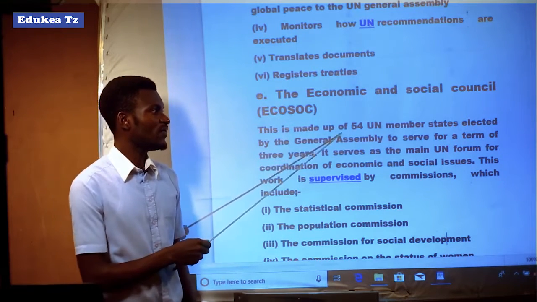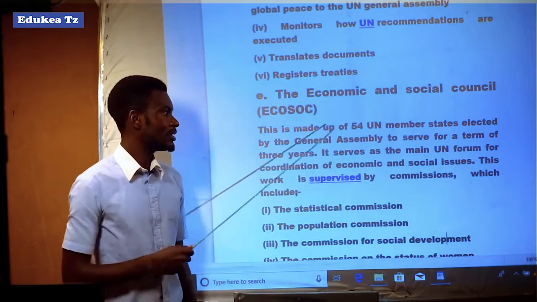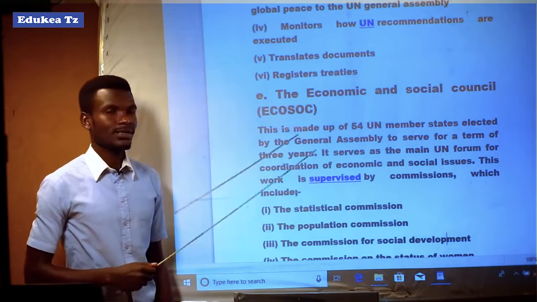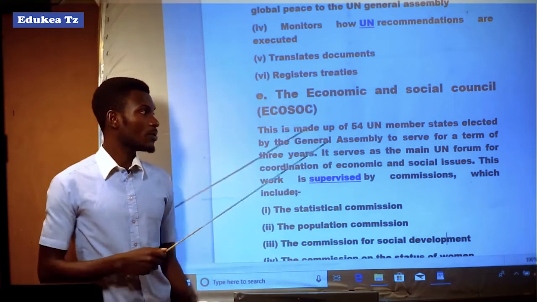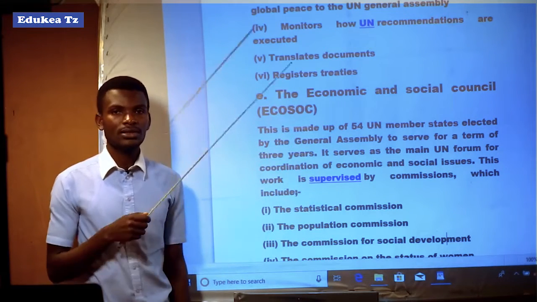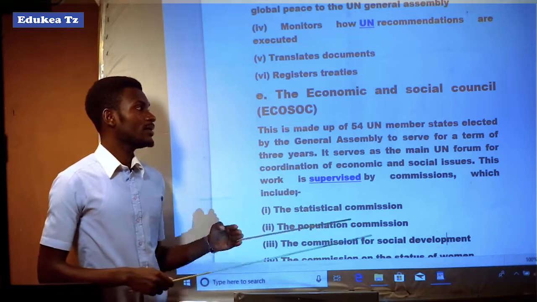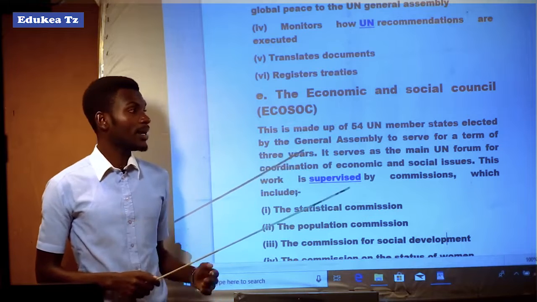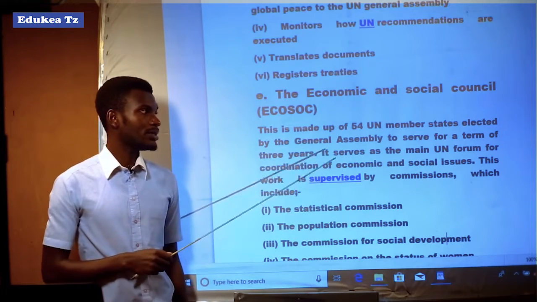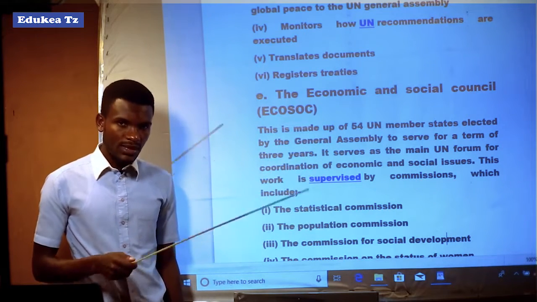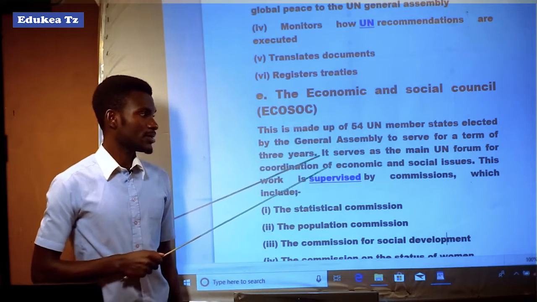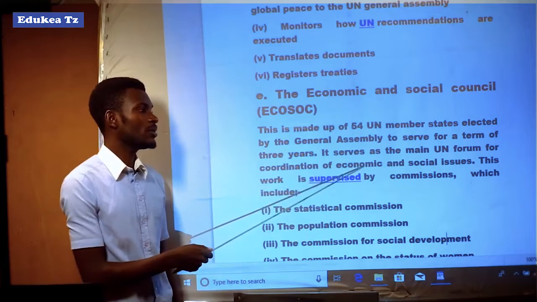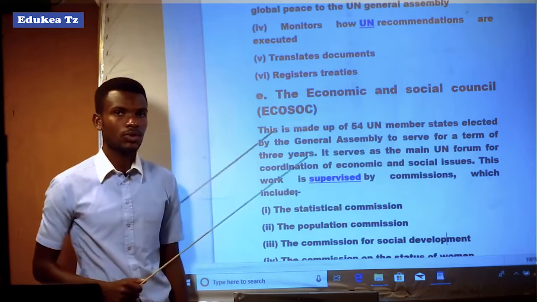This is made up of 54 UN member states elected by the General Assembly to serve for a term of 3 years.